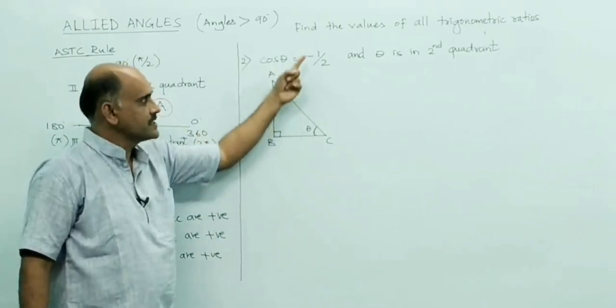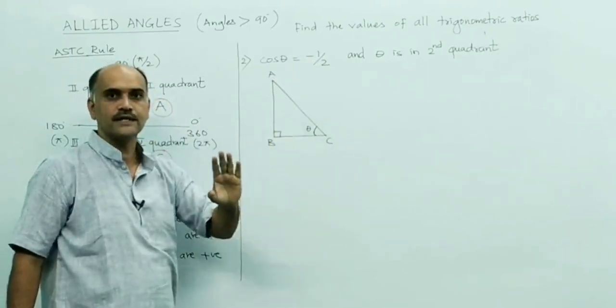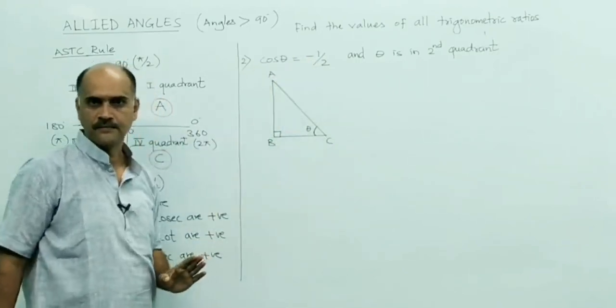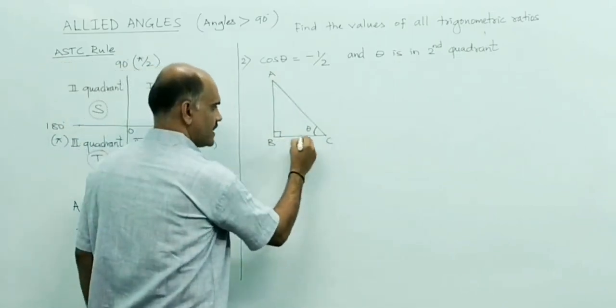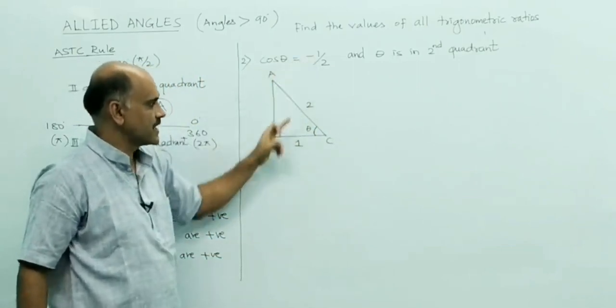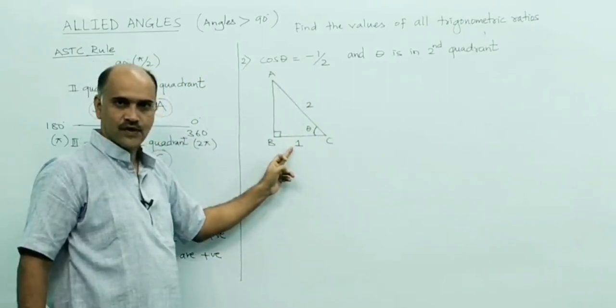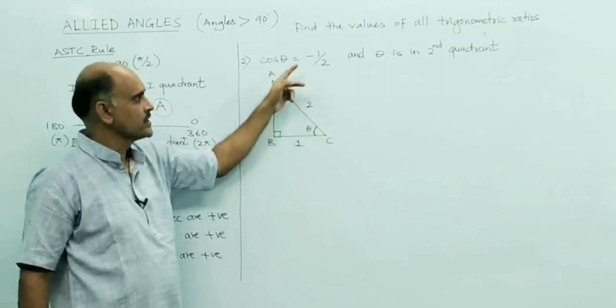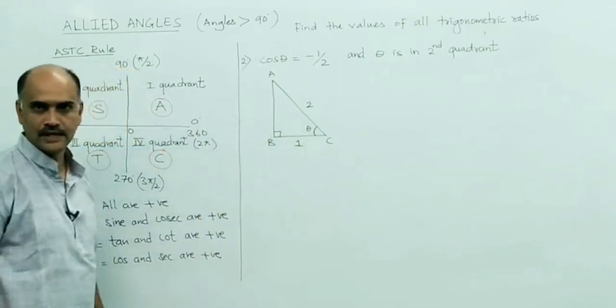So adjacent is 1, hypotenuse is 2. In figure while denoting don't take negative sign. So this is 1, this is 2. So 1 by 2. Now apply Pythagoras theorem and calculate this.